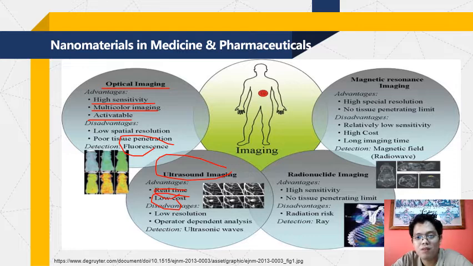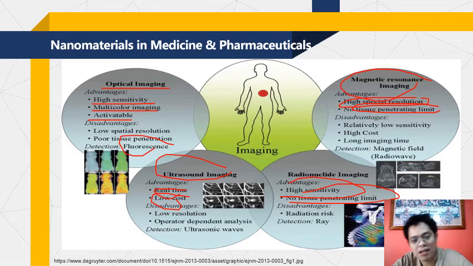For magnetic resonance imaging, your device would be high in spatial resolution and there is no tissue penetrating limit as well. For radionuclide imaging, one of the advantages of these nanomaterials is it becomes highly sensitive and has no tissue penetrating limit as well.